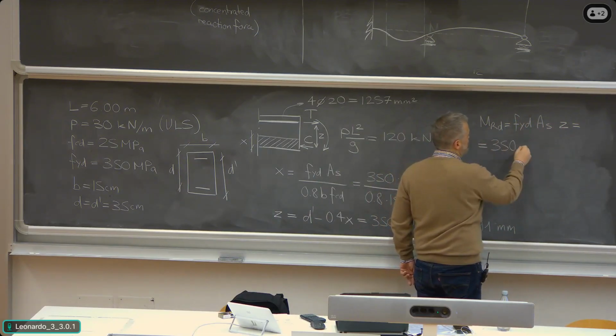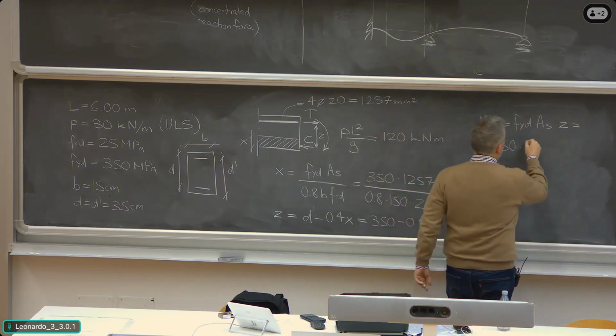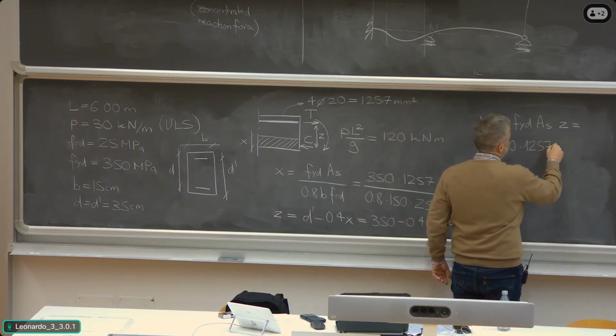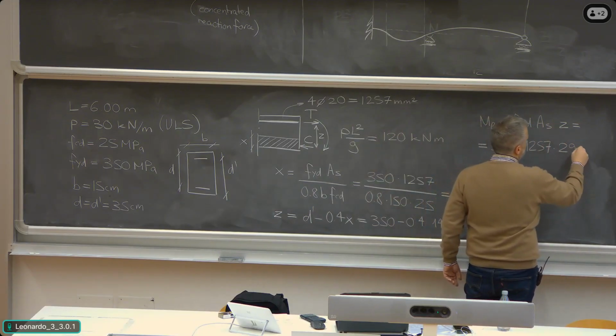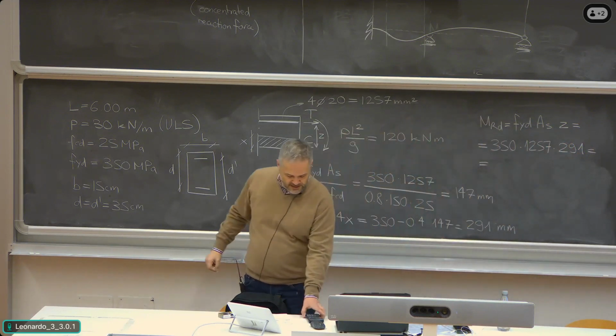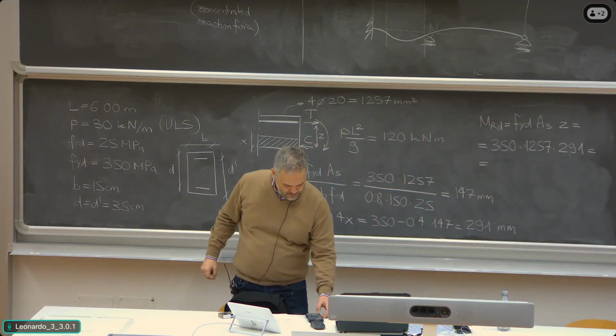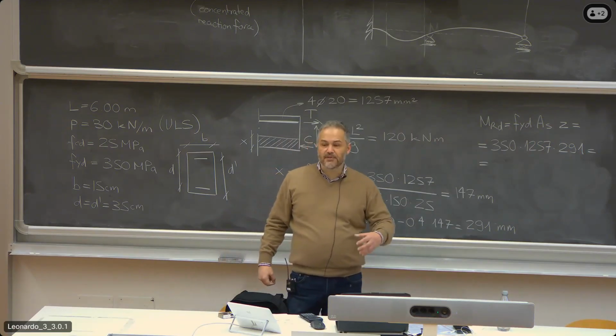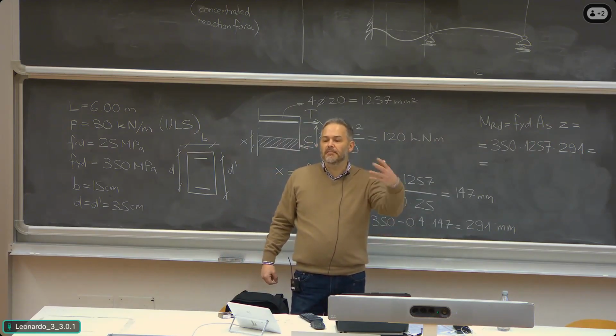350 is the yield strength times the area which is here, 1257 times 291. And I do the math again. The result is something like 128 millions.